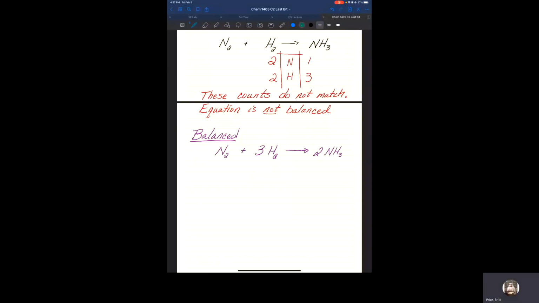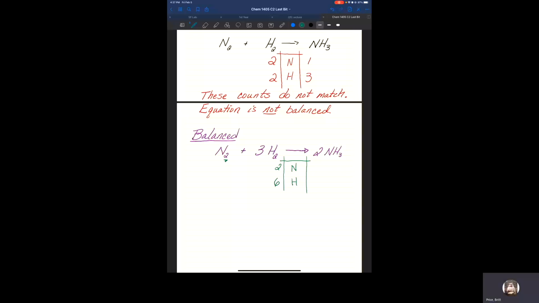And now we're going to go ahead and we'll do this atom count again. This time, hopefully, everything is nice and balanced out. So again, got the 2 nitrogens. Now I don't have 2 hydrogens. I actually have 6.